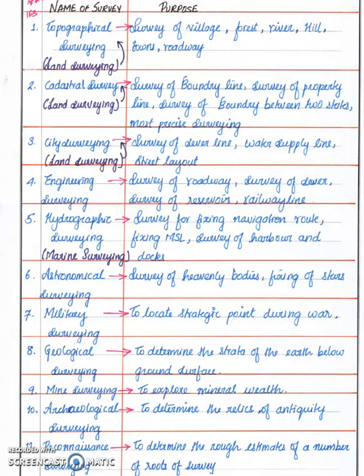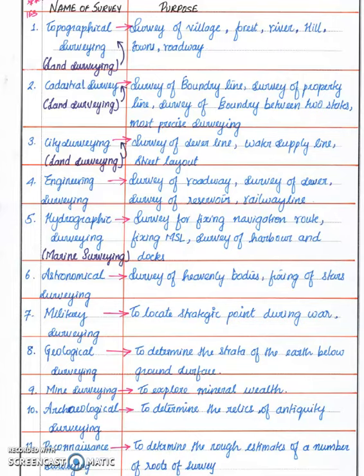For this purpose we have to use engineering survey, for railway lines, airports, and smart cities. Now the government is introducing smart cities. For this purpose we have to adopt engineering surveying. Next, for the purpose of navigation route, fixing the mean sea level, and construction of harbors and docks, we have to use hydrographic survey.